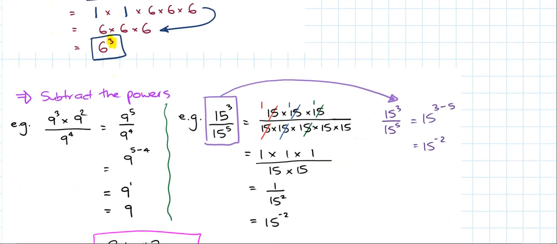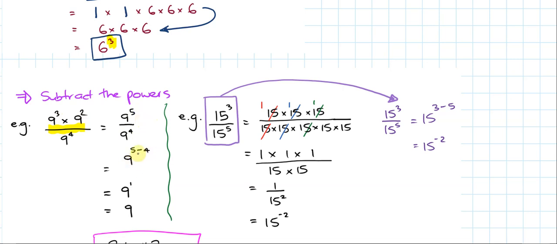This one is a little bit more complicated, but we're going to use the addition rule number 1 first. In that numerator, 9 to the power of 3 times 9 squared gives us 9 to the power of 5, divided by 9 to the power of 4. So we are subtracting the powers.